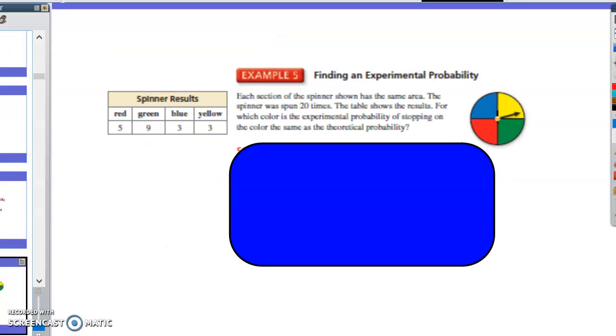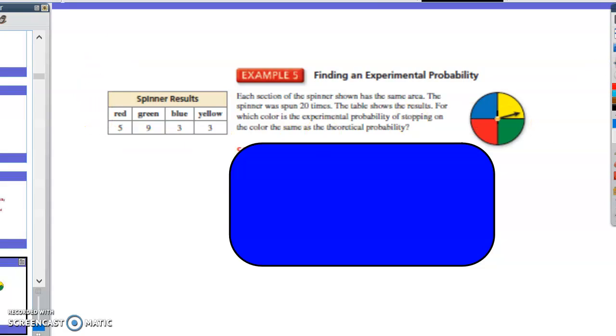Here, if I have a spinner and I spin it 20 times in my experiment, you can see what the results are. And they are all even areas. So in theory, theoretical probability, I'd have a 25% chance of reaching each color. But here I actually ran an experiment.